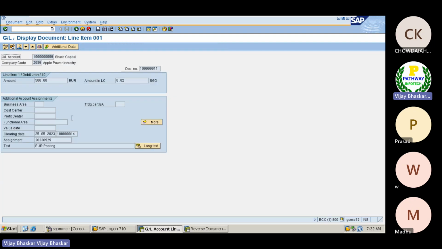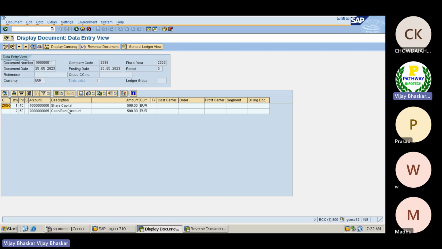This is the original document we have posted in the system. See, now you can see the clearing date. Now let me display this document. The moment you reverse, the system enables the reversal document option here.